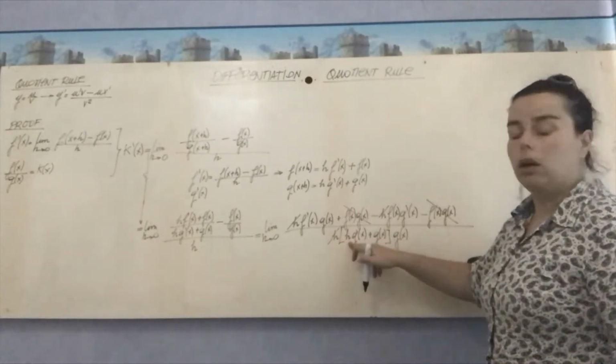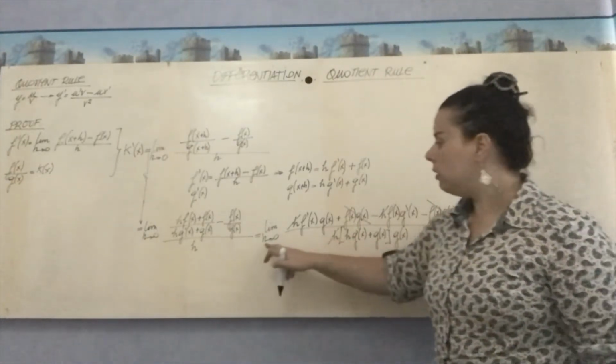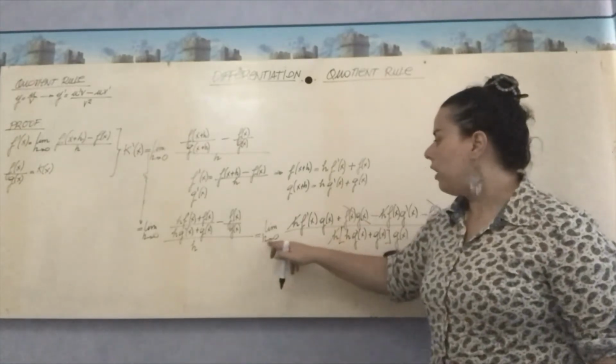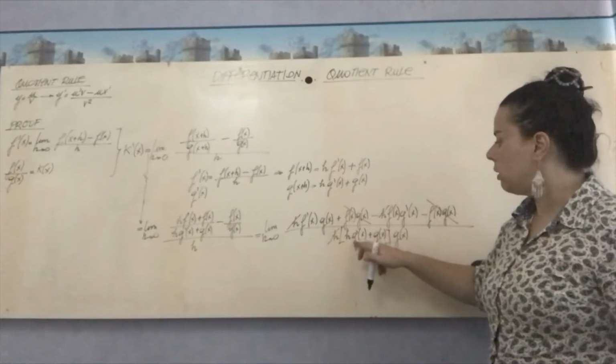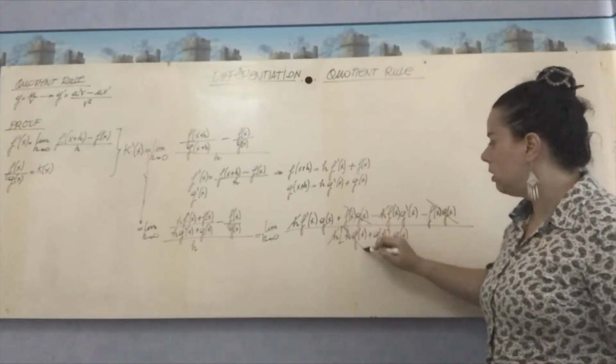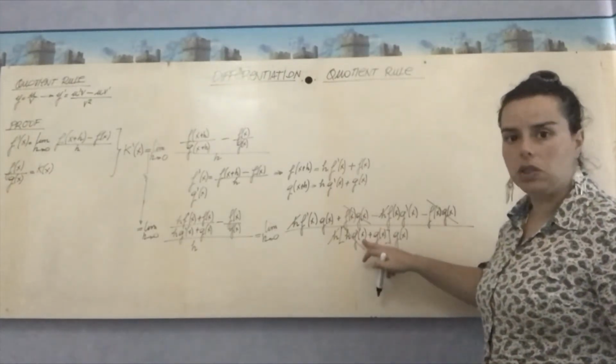This one is not going to cancel with anything, so when I apply the limit, as h tends to 0, this term h times g prime of x is going to cancel because it's going to be 0.